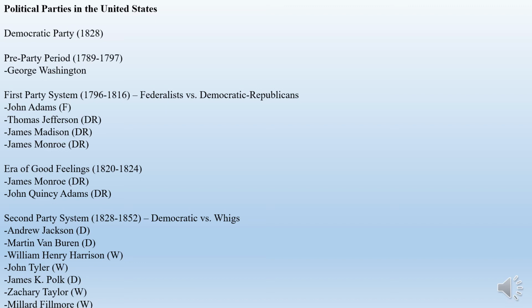The Democratic Republican Party, they started out as the anti-administration or the anti-federalist party. Sometimes they're referred to as either Jefferson's Democrats or Jefferson's Republicans, or sometimes as Jeffersonian Democrats, just Jeffersonians.